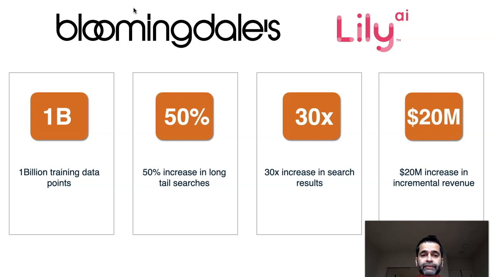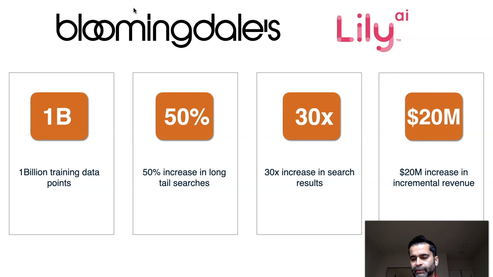So they saw a 50% increase in long tail searches, which led to a 30x increase in search results because now the product was far more enriched. When people were searching, the search term was able to be recognized and the products were able to be tagged.